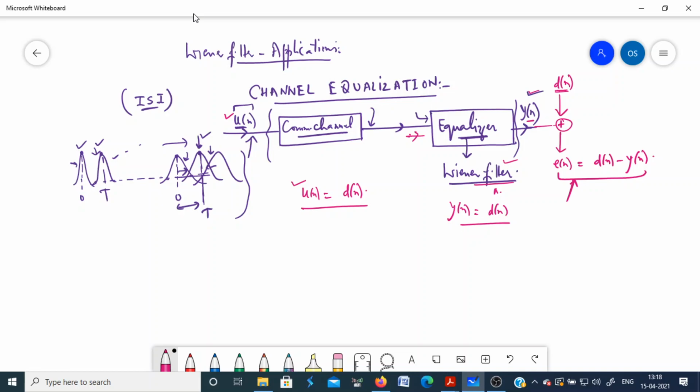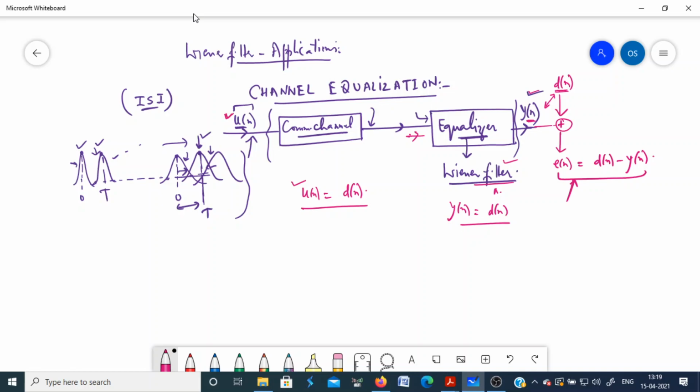Okay, so for an ideal case, if the mean square error is 0, it means your yn is an exact estimate of dn. And since dn and un are the same, yn is nothing but simply your un. So the output of the equalizer will be the same as the input to this communication channel.